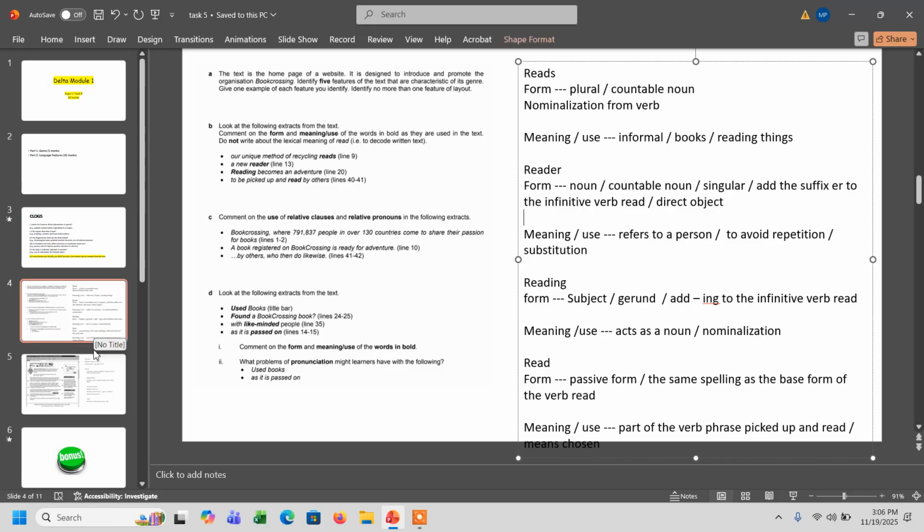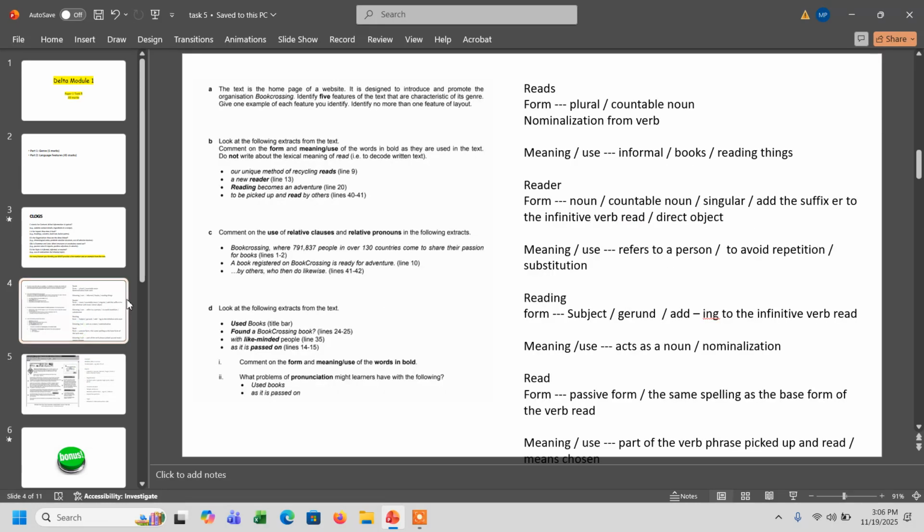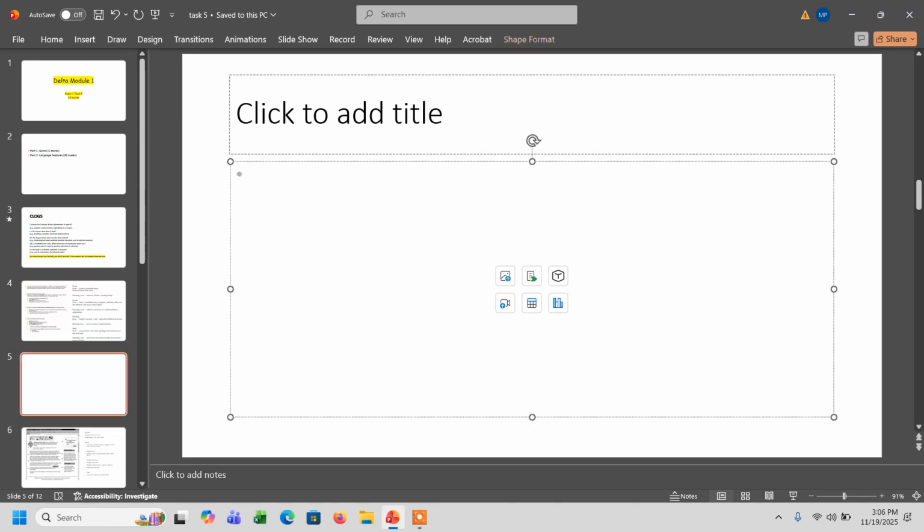Here, my friend, I would like to remind you of something. In the exam, for the form, this is about the grammatical breakdown. As I have mentioned, for example, if the question gives you "pencils," don't just write down "this is a noun." You have to use plural, countable, and also common noun to get marks.